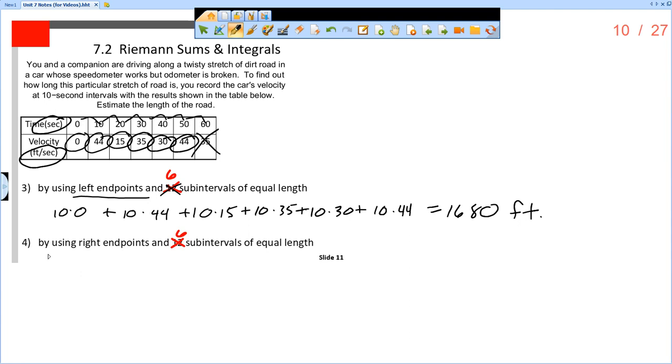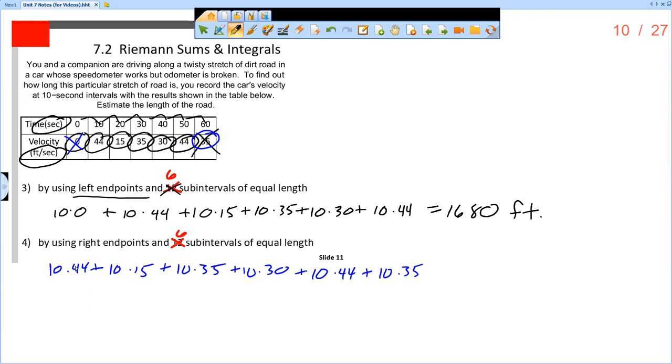All right. Now, the next one by using right-hand endpoints. So now we're not going to use the first one because the first one is not the right-hand value. Okay, but the last one is a right-hand value, right? And so now we're going from 0 to 10 times 44. So we're saying 10 times 44 plus 10 times 15 plus 10 times 35 plus 10 times 30 plus 10 times 44 and then plus 10 times 35, right?